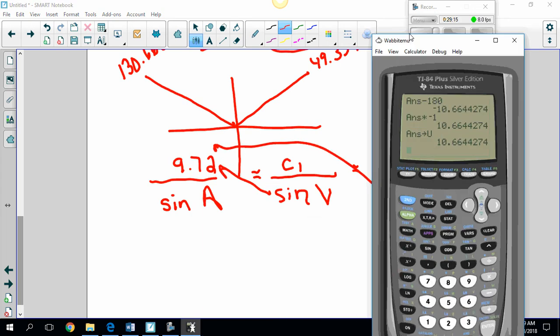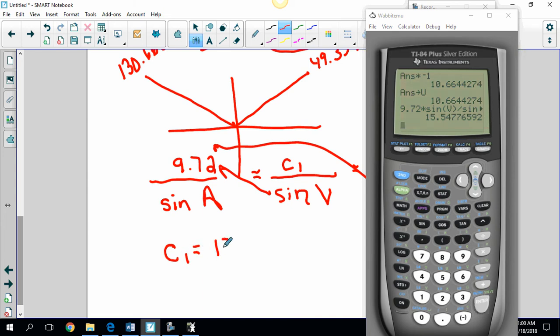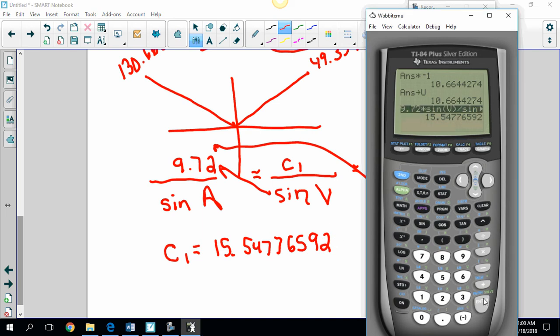So you go 9.72 times sine alpha V divided by sine alpha A, and therefore C1 is 15.54776592, and then reselect.